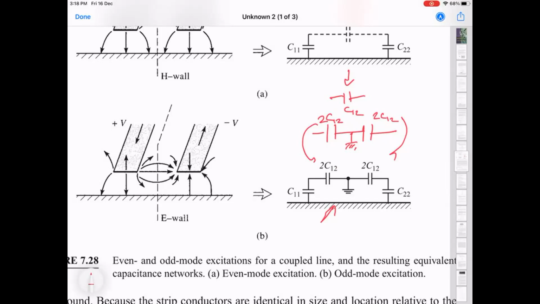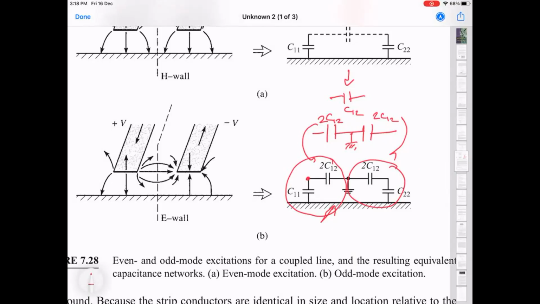Okay, so this is how this 2C12 and 2C12 comes on both sides. And now this again basically allows you to think of this part as non-interacting. But if you now see the total capacitance with respect to this point to ground, it has two components: the original C11 and the extra 2C12 as well.